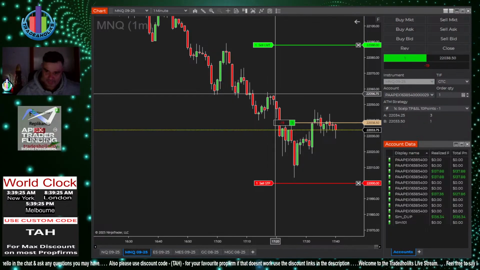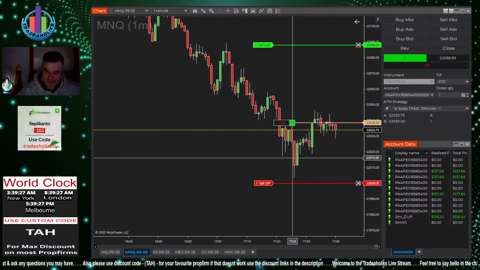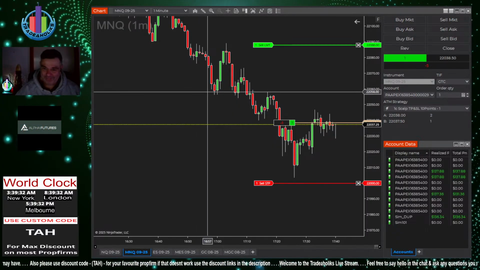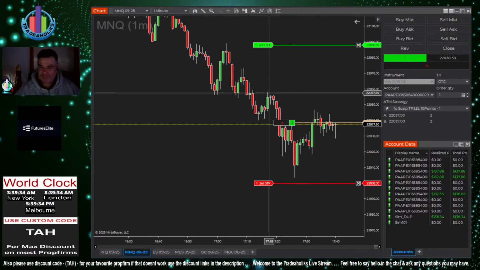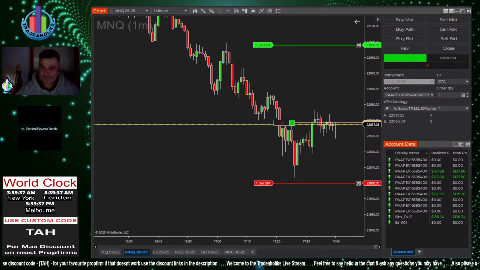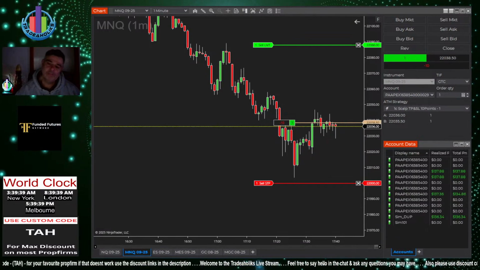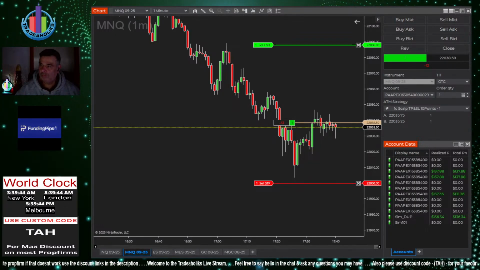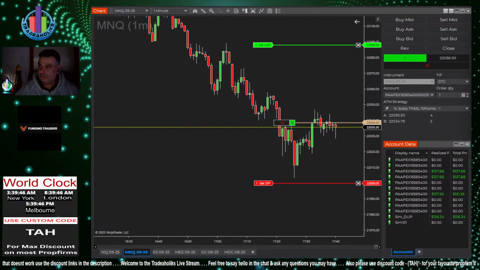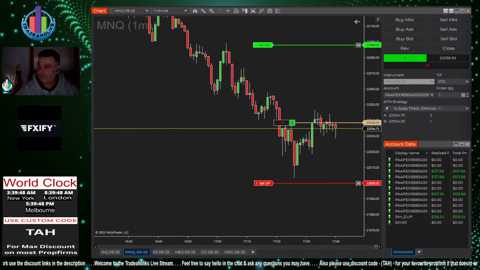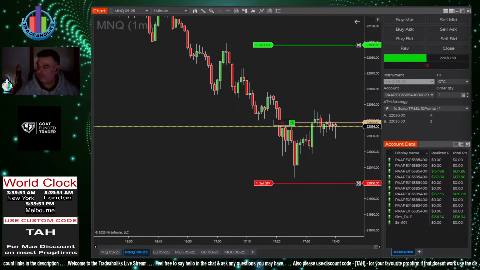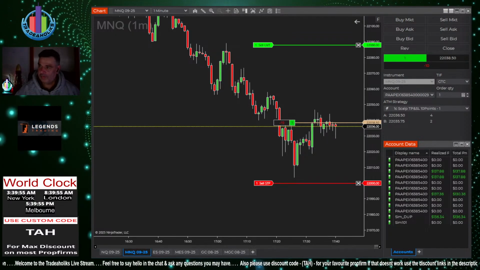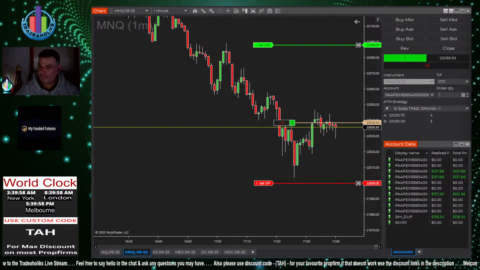So if we get above this level here, I'm definitely moving my stop loss to break even. If we get past this, we get to the mid 50s, 55. Gold's still pretty flat, sitting on the daily open. Does it move much? Just lazy, not doing anything.